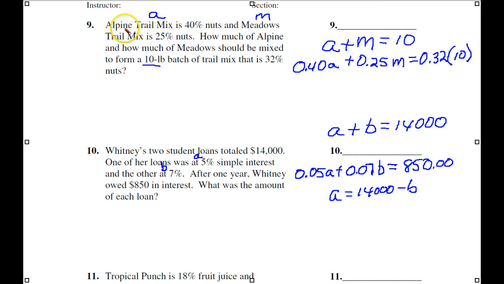Now the alpine mix is 40%, so 40% of A. Meadow mix is 25%. 25% of M will equal what you want to end up with, 32% of your 10 pounds. So you might say, well, how do I start to solve this? Well, you're going to say A equals 10 minus M. You solve for A. And you're going to get rid of all your decimals.